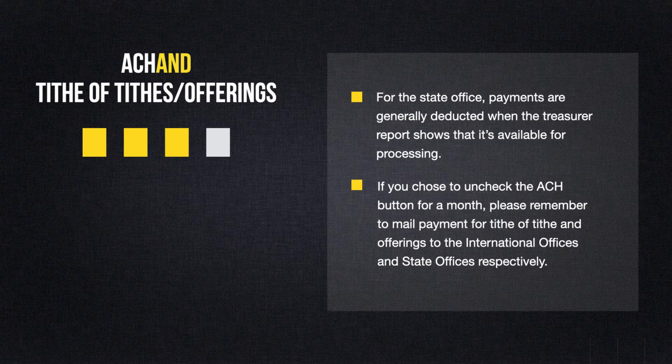For the state office, payments are generally deducted when the treasurer report shows that it's available for processing. If you chose to uncheck the ACH button for a month, please remember to mail payment of the tithe of tithe and offerings to the international offices and state offices respectively.